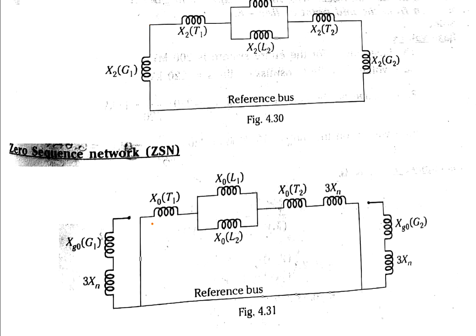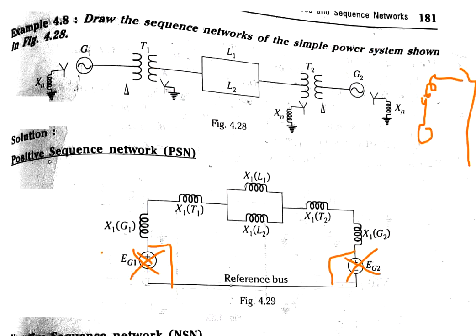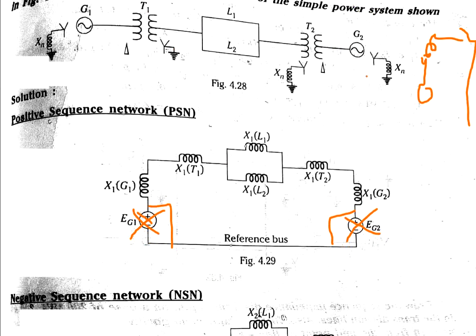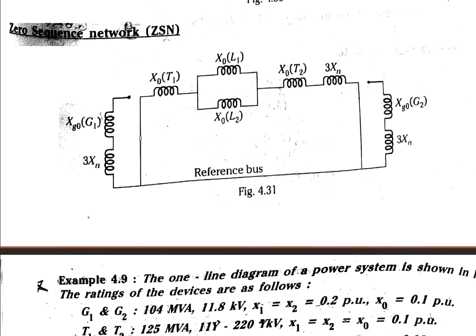Coming to the zero sequence network. Since both my generators are connected through an impedance, I take the neutral of this as impedance grounding, 3Xn, and this is the generator reactance, and this is the reactance of the neutral.